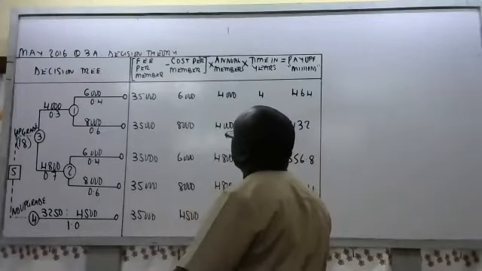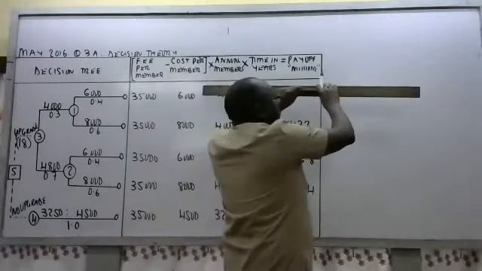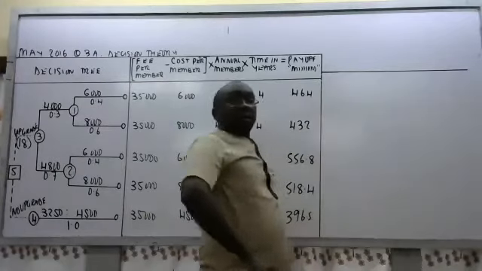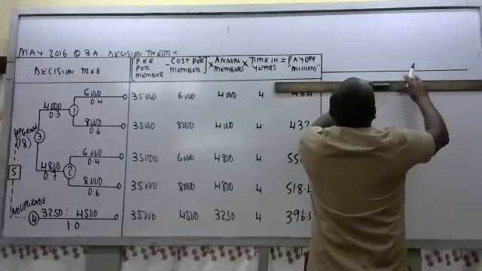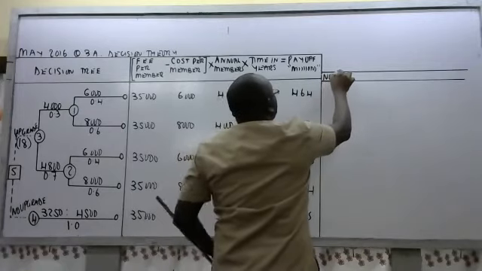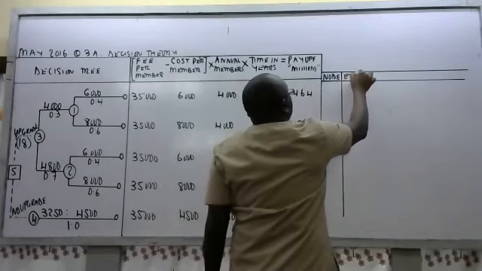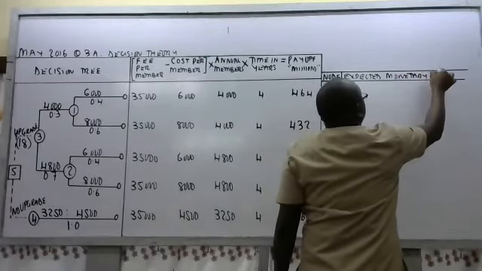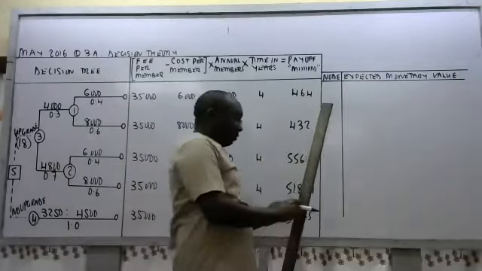So with those values confirmed, let us now proceed down there and have a working for the nodes, and then the expected monetary value.